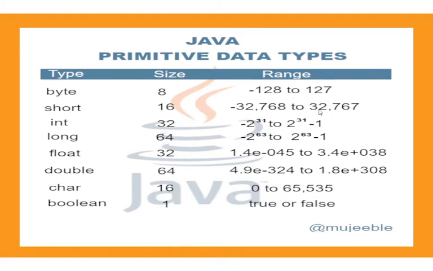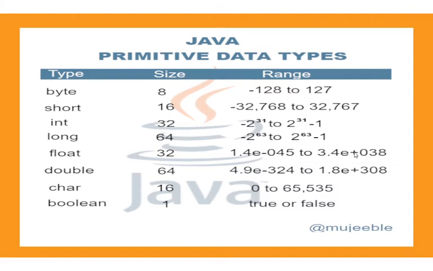With this range, we will understand what I mean by range when we start writing our code. The next one is int with a size of 32. We also have long with a size of 64, float with a size of 32, double with a size of 64, char with a size of 16, and the last one is boolean with a single bit size.